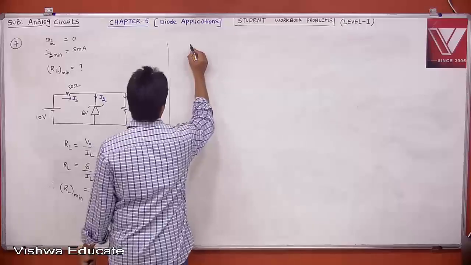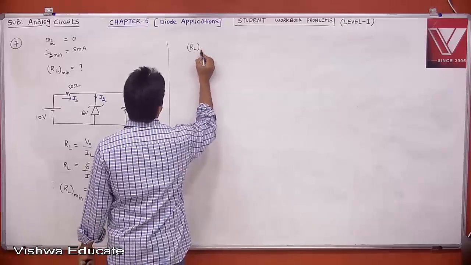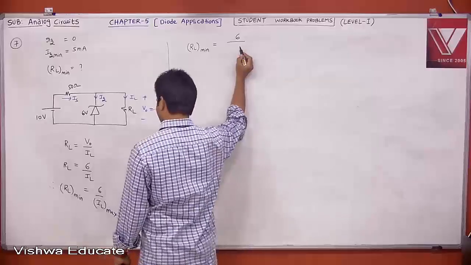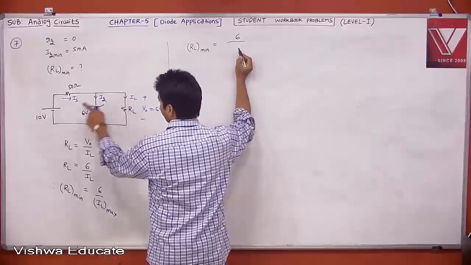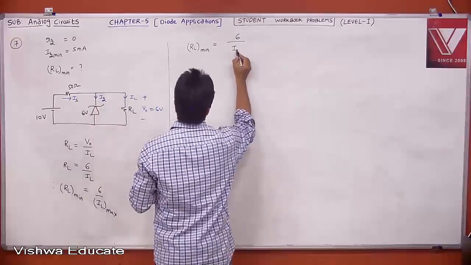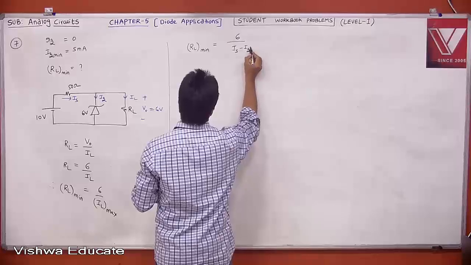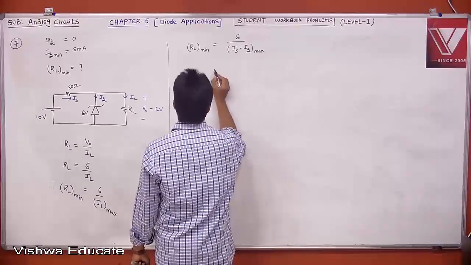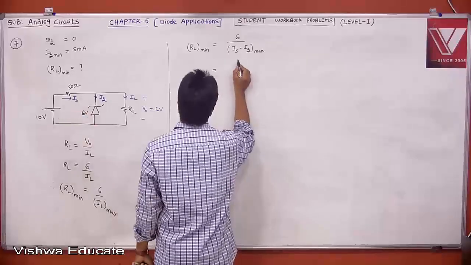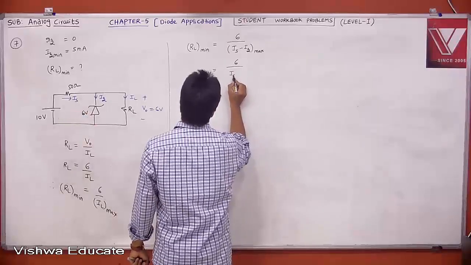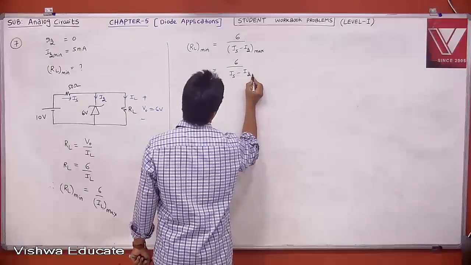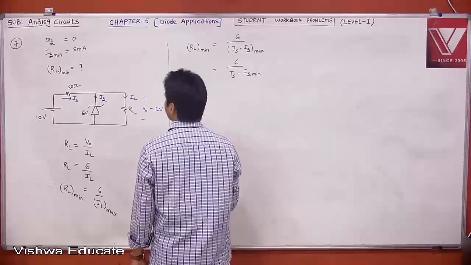What is IL? Therefore, RL minimum is equal to 6 divided by IL maximum. First of all, what is your IL? IL is nothing but IS minus IZ. When is this maximum? Your input is constant, it's not variable. Then it is IS minus IZ, and only when IZ is minimum is this maximum. IZ minimum, right?